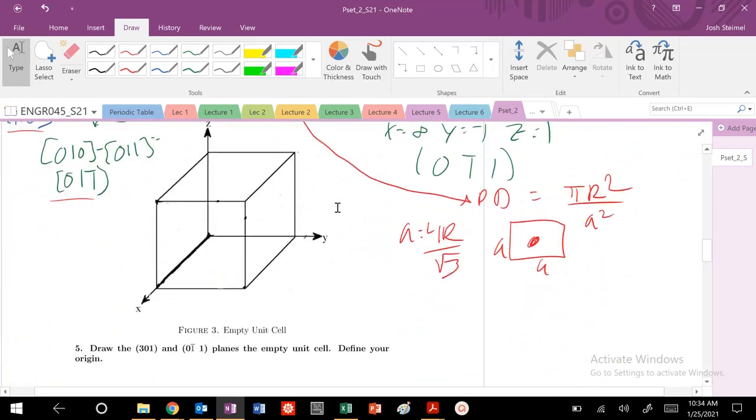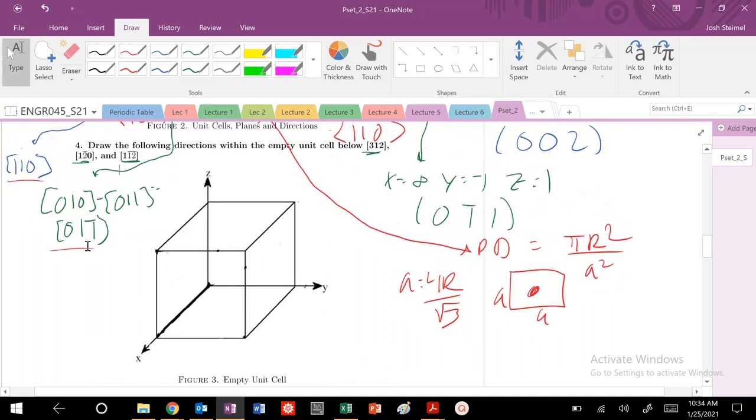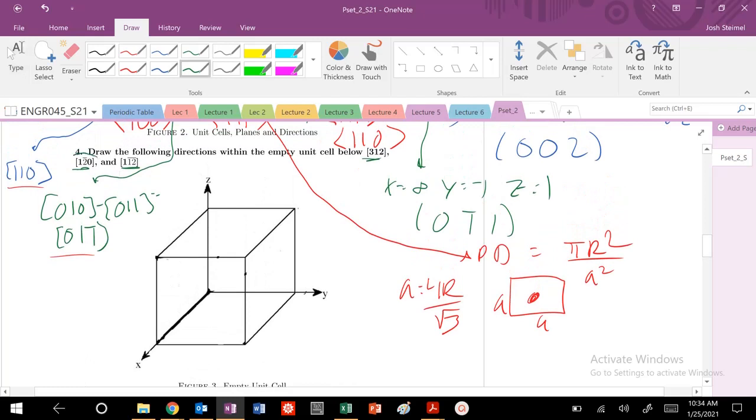All right, so let's go ahead and start drawing some directions now. I want you to draw the following directions in the empty unit cell below. So I need to figure out 3, 1, 2, 1, 2, 1, 2. Here we go. Let's start with this direction first. I need to create this 1, 2, and then 0.